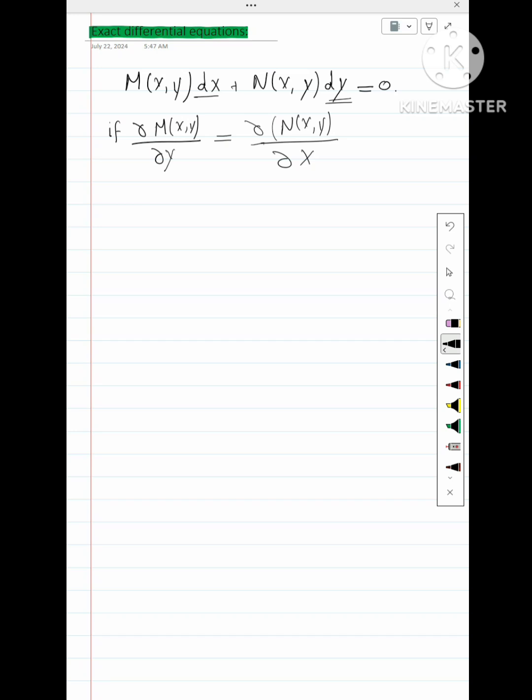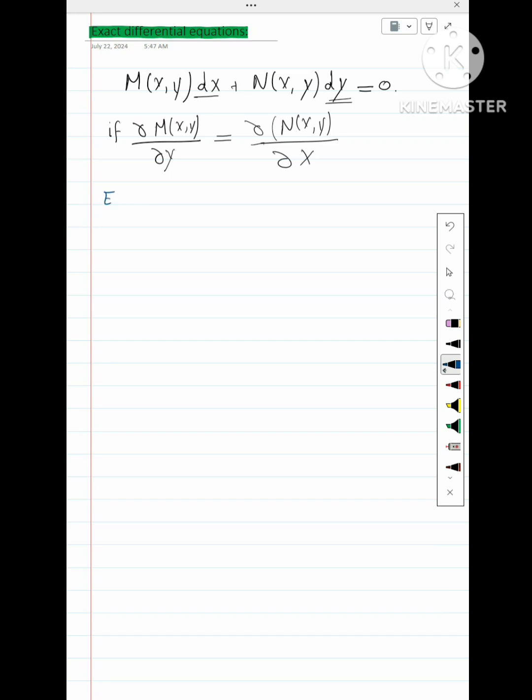Again, a differential equation is said to be exact if and only if it satisfies this condition: the derivative of M(x,y) with respect to y is equal to the derivative of N(x,y) with respect to x. And we have more than one method, as I said before, to solve this kind of equation.